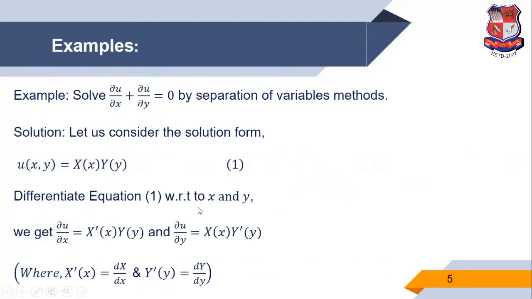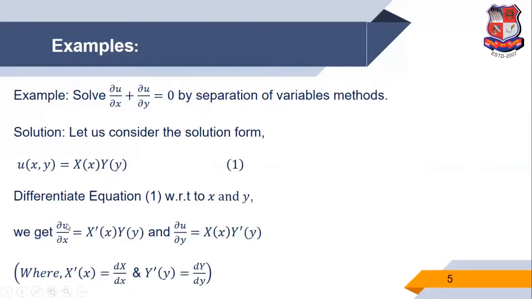So again I repeat, if we solve the first order PDE using the separable variable method, here u is the dependent variable, and x and y are independent variables. So we write u(x,y) = X(x)Y(y), where capital X and capital Y are functions of small x and small y.